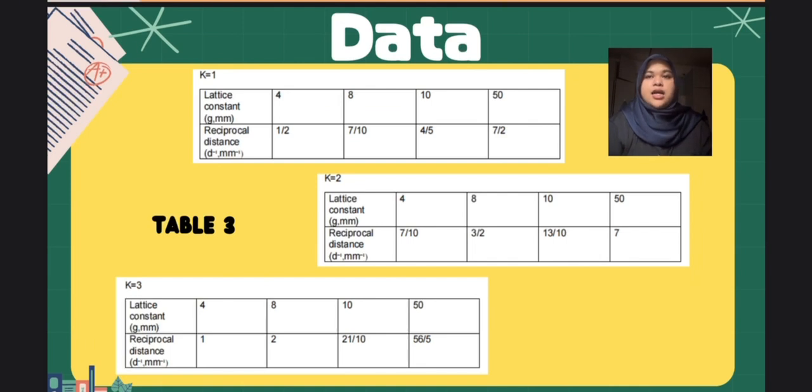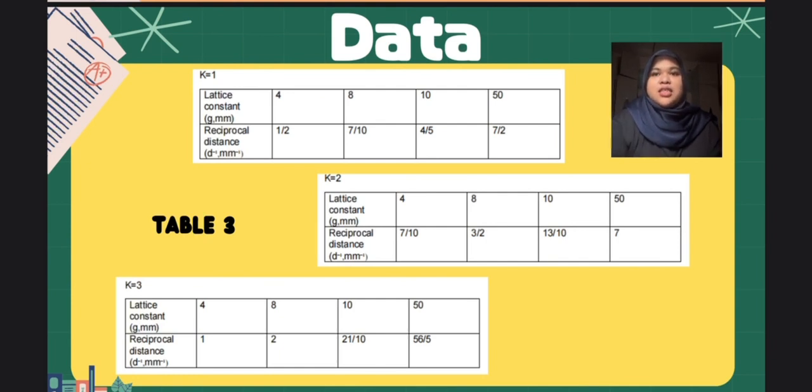This table, labeled as Table 3, seems to explore the relationship between the lattice constant in millimeters and the reciprocal distance in millimeters for three different values of k, likely representing experimental or theoretical parameters.